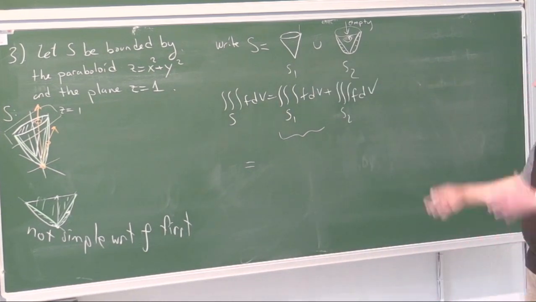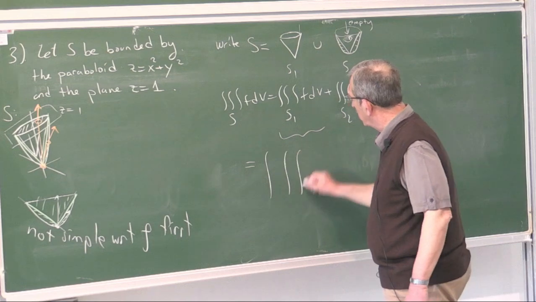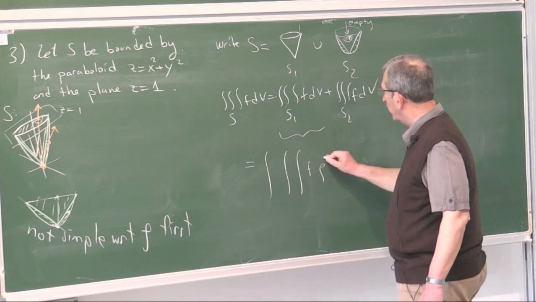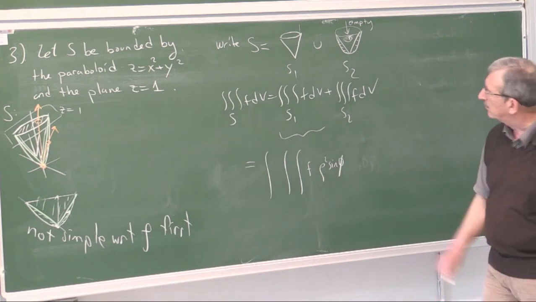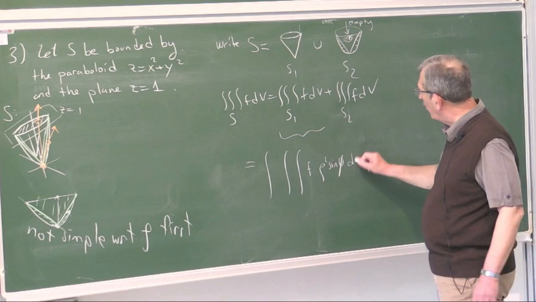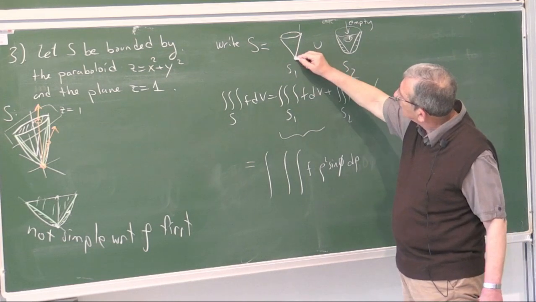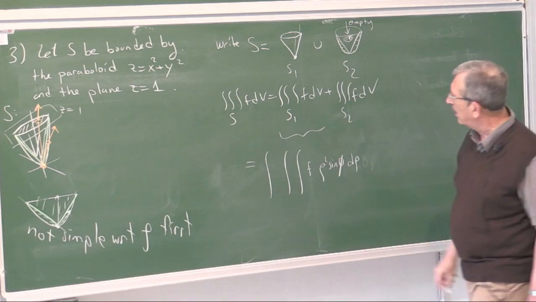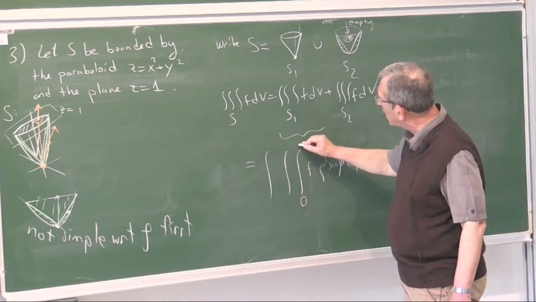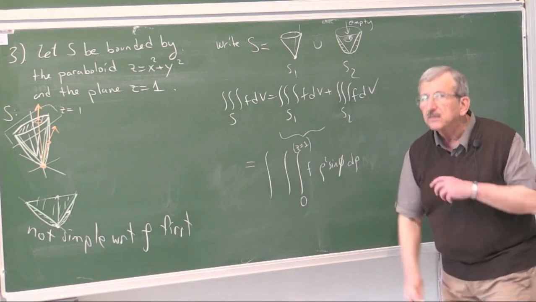Now for the first one. We want to write it in iterated form. We have f, of course, we have rho squared sine phi, the Jacobian. We have d rho. Rho starts from, in S1, the origin and goes up to z equal to 1. So rho starts from 0, goes up to z equal to 1. I will express it a little bit later.